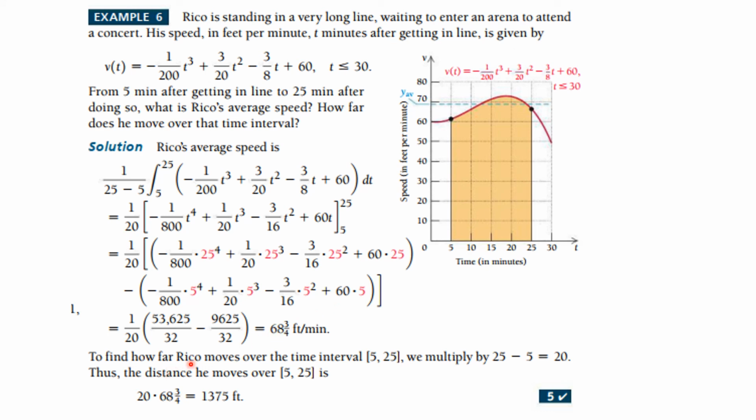We do all the calculations, and the exact answer is 68.75 feet per minute. To find out how far he moves, you multiply the length of the interval times the average. So how far did he move? 1,375 feet.